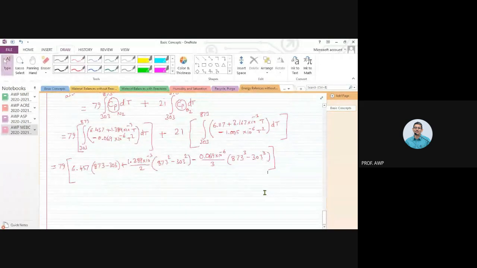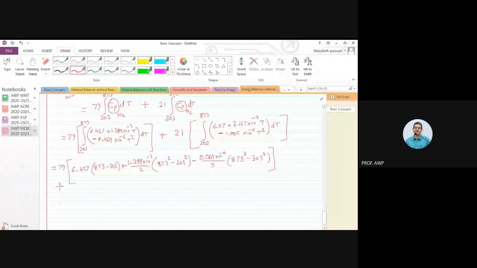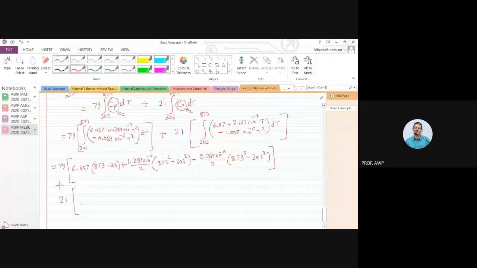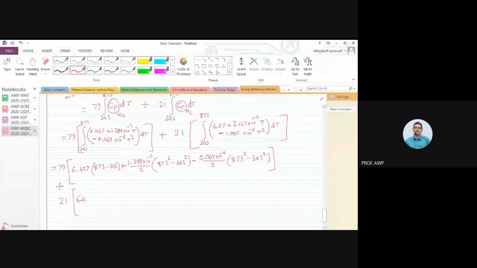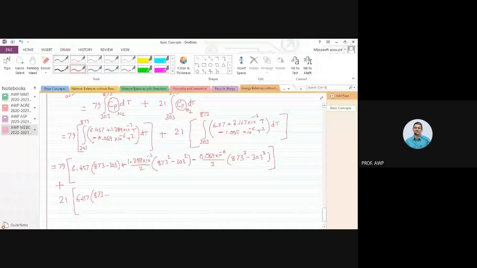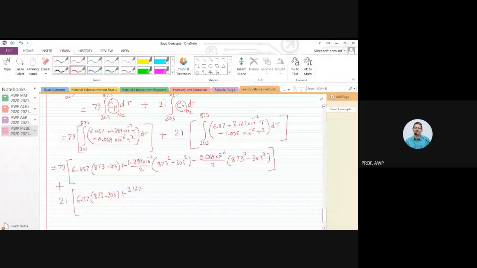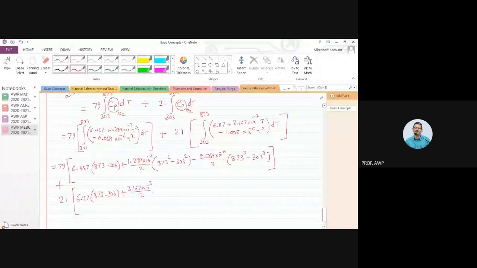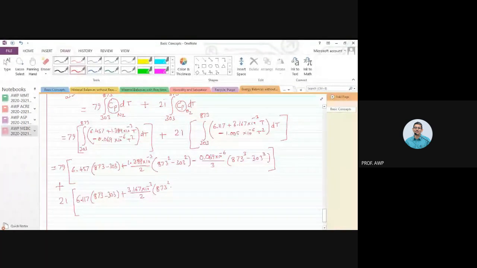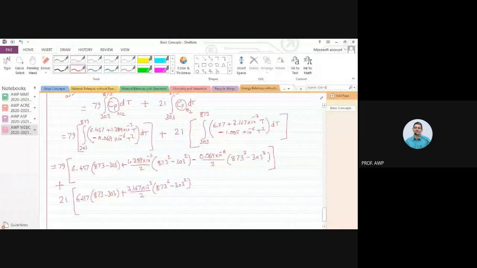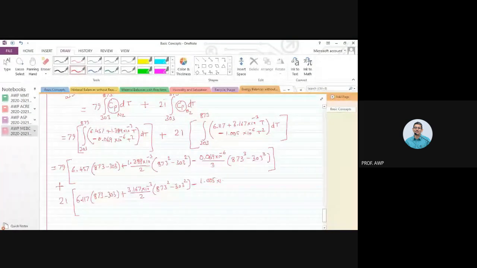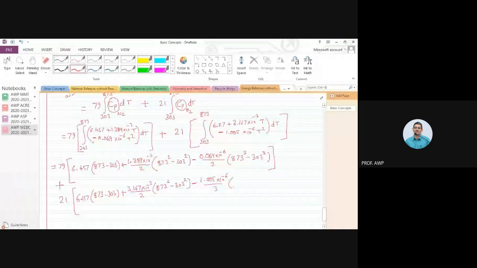Okay. That is for nitrogen, plus oxygen now 21 multiplied by the next integration: 6.117 into 873 minus 303 plus 3.167 into 10 raised to minus 3 divided by 2, 873 square minus 303 square, minus 1.005 into 10 raised to minus 6 divided by 3 T cube, so 873 cube minus 303 cube.